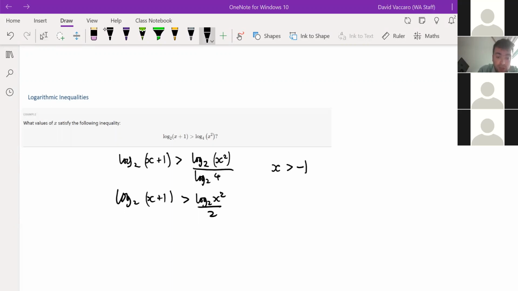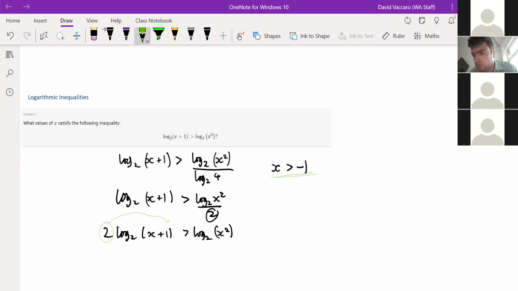Okay. 2 is just a number. It's a nice positive number. I can multiply both sides of the inequality by 2. So I've got 2 log 2 x plus 1 squared is bigger than log 2 of x squared. Oops, sorry, I'm getting ahead of myself. And laws of logarithms, I can pass the 2 inside as a power, and I don't need to worry about anything because I'm restricting to x is bigger than -1.